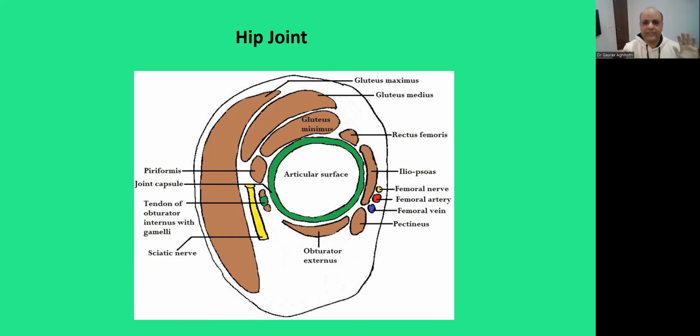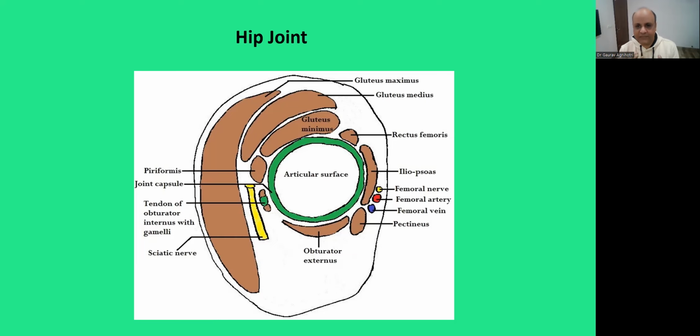Now we come to the relations of the hip joint, and here you see that the different relations are evident. The anterior relation of the hip joint is the iliopsoas muscle. This is a strong flexor of the hip joint lying anteriorly.